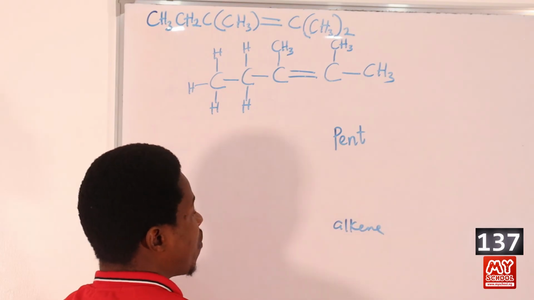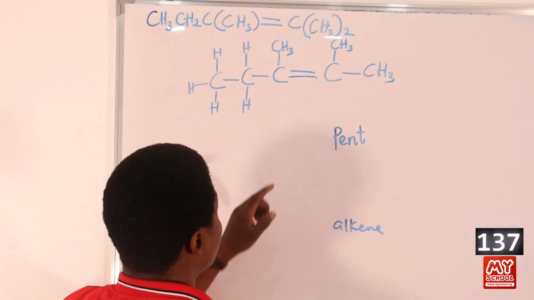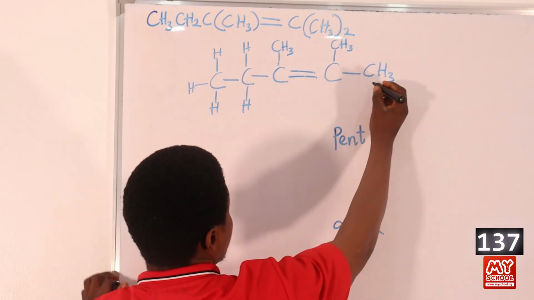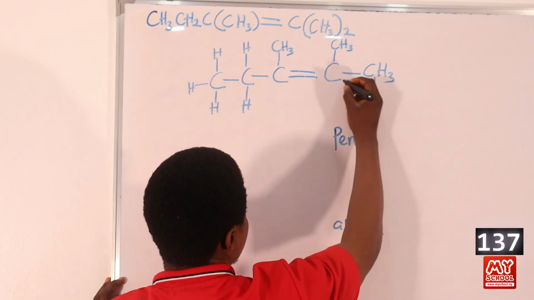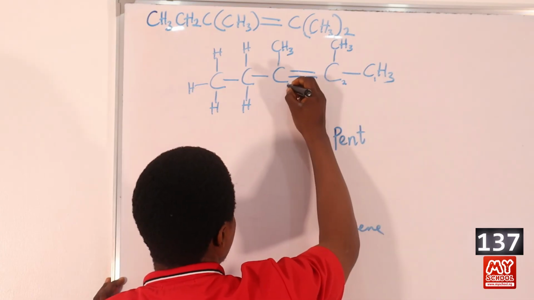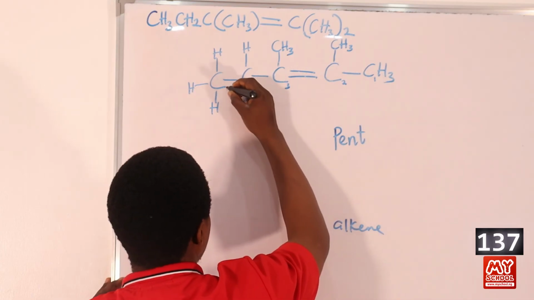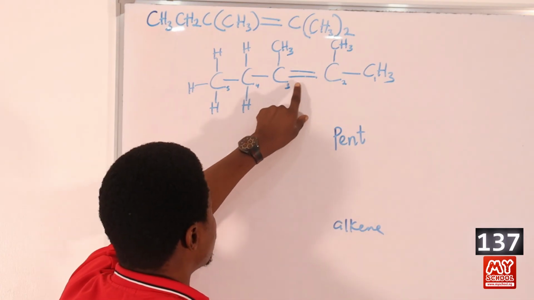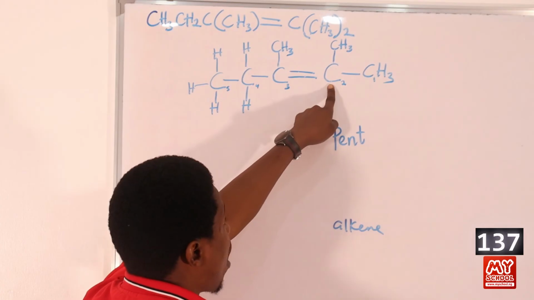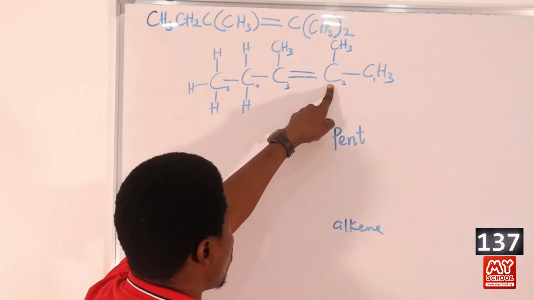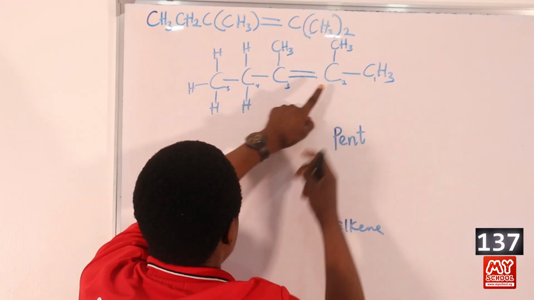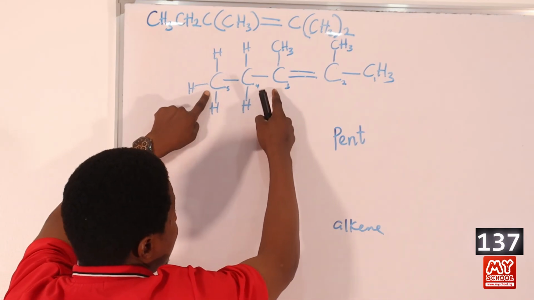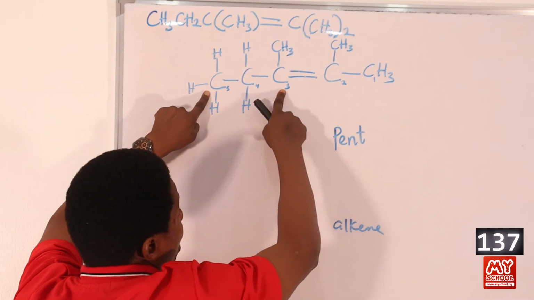But on what carbon atom do we have this double bond? If we number from here, carbon 1, carbon 2, carbon 3, carbon 4, carbon 5, the double bond between the carbons is on carbon 2. If you come from the other route, you have carbon 1, 2, 3, then 4, 5, so it's on carbon 3 here.